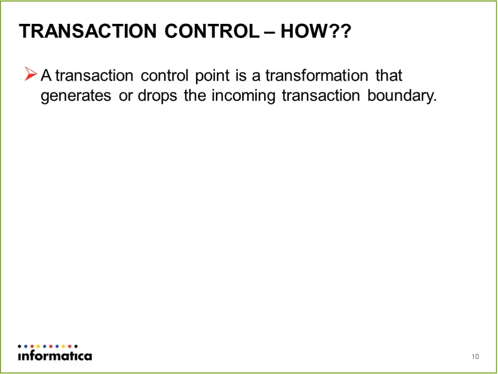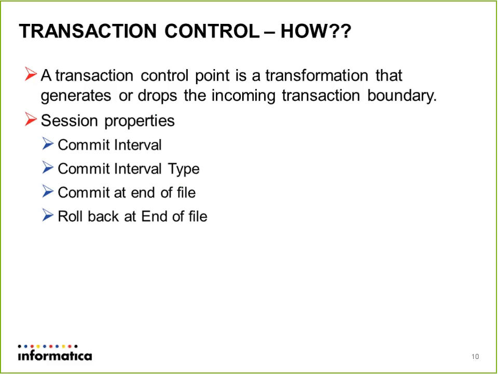Transaction control points are transformations like TCT, and some active transformations like aggregator, joiner, etc. at the mapping level, which can either generate transaction boundaries or can drop incoming transaction boundaries. Also, you can control transactions by using session properties like commit interval type, commit at end of file, and rollback at end of file.